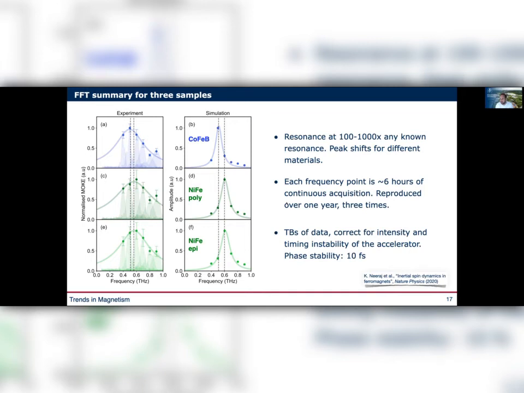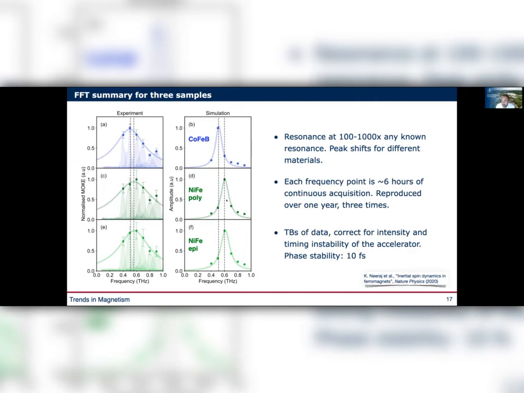Because this was really new evidence, we did this 3 times, mixing the order of the frequencies we probe, so that we don't go into some drift of the machines, which you have to be careful with. And it's a giant amount of data that gets generated, because every single shot of the terahertz which arrives, and we measure millions of them, we measure it and we correct for the timing and stability of the accelerator, and we have a phase stability of 10 femtoseconds, which is much higher than what is needed to prove that there is a phase shift.